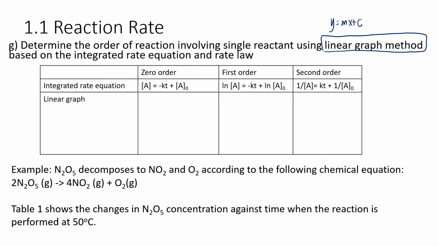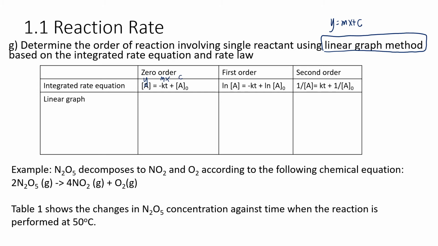So for zero order, the integrated rate equation is remaining concentration of reagent A equals negative kt plus initial concentration of reagent A. So this is your y, this is your gradient times x, and this is your y-intercept.